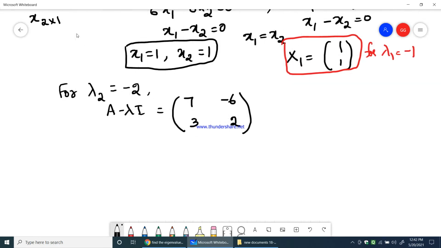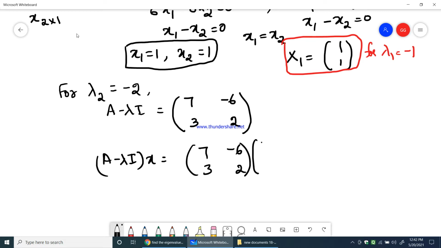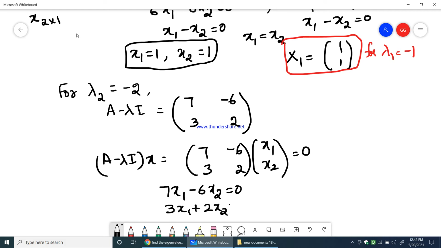Now this A minus lambda I into x is what we need to know now, which is 7 3 minus 6 2 into x1 x2 equals 0. Therefore I will get 7x1 minus 6x2 equals 0 and 3x1 plus 2x2 equals 0.